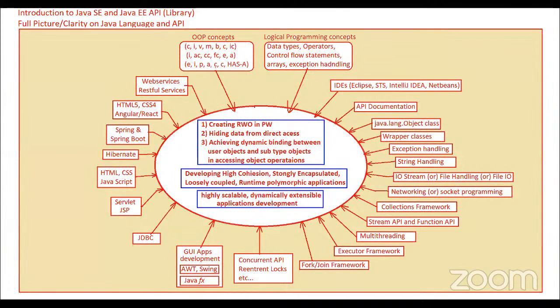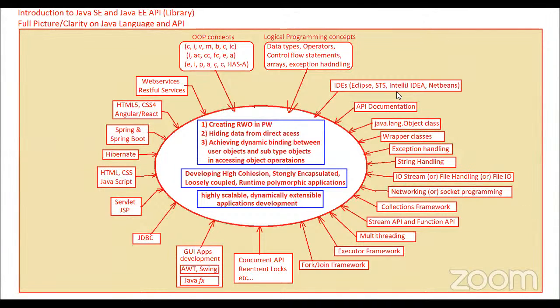So take a screenshot, and this video is running on YouTube live. It will be there on YouTube forever, and in your free time you can practice. I'm expecting all of you to learn by heart every word I have typed here, so that Java will be under your control. Otherwise you will be under Java's control. In an interview, any question asked, you can easily answer.